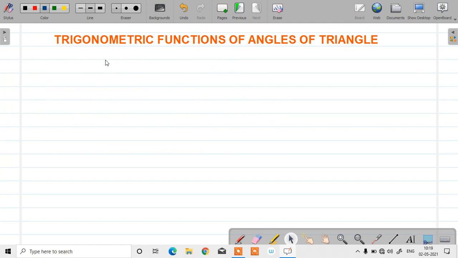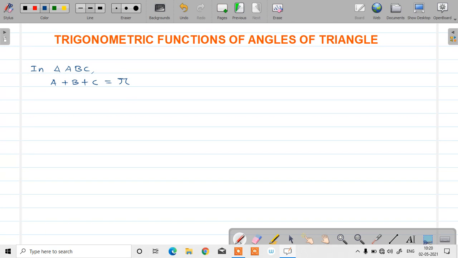Now the next concept that we are going to study is trigonometric functions of angles of a triangle. For that, first of all I will consider the triangle ABC. In triangle ABC, we know that A plus B plus C, the sum of angles of a triangle, is equal to 180 degrees, that is equal to pi.